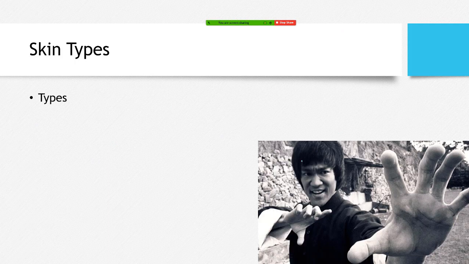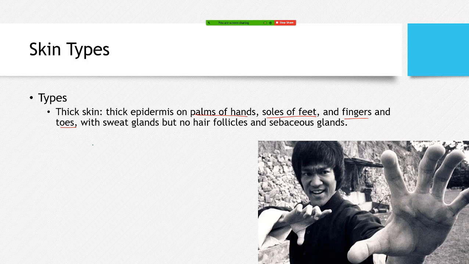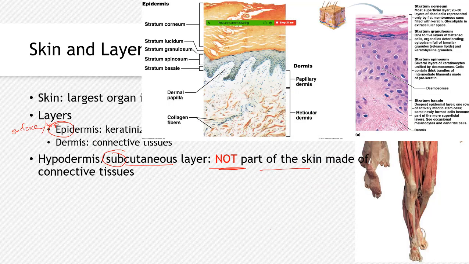Two types of skin. There's thick skin and thin skin. Thick skin is only found on the palms of your hands, soles of your feet, your fingers, and your toes, and all these will have sweat glands because we have sweaty hands. But it does not have hair follicles.